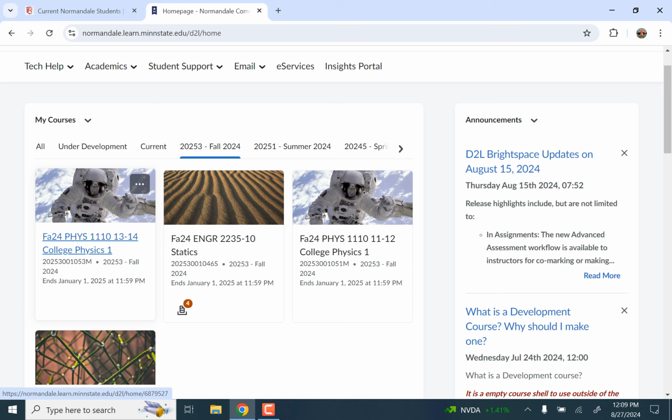The people who are in section 13 had lab today. The people who are in section 14 have lab on Wednesday. You only have lab one day a week. If it ever works better for you to go to the opposite lab from the one you're scheduled for, they're always doing the same things every week, so you can feel free to just show up to whatever lab works for you.